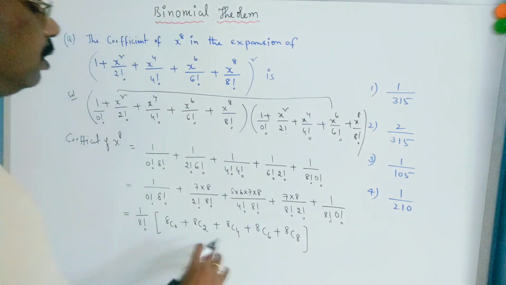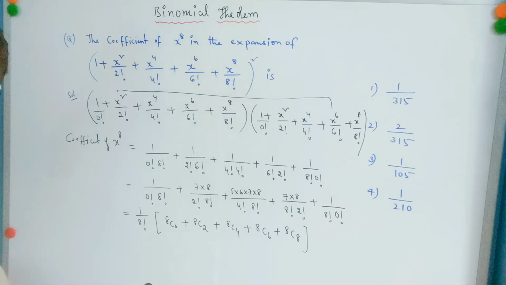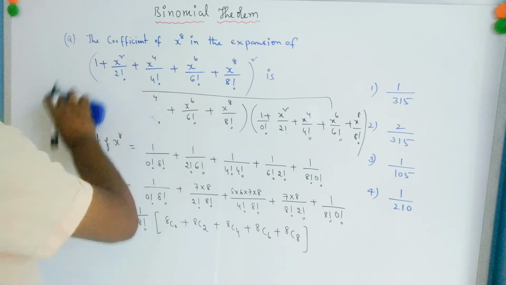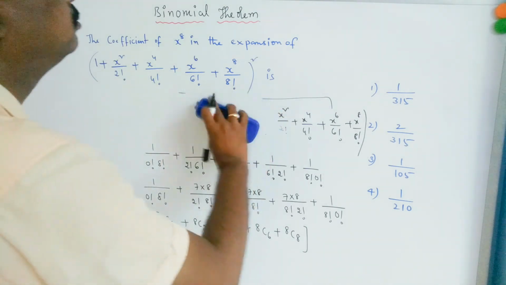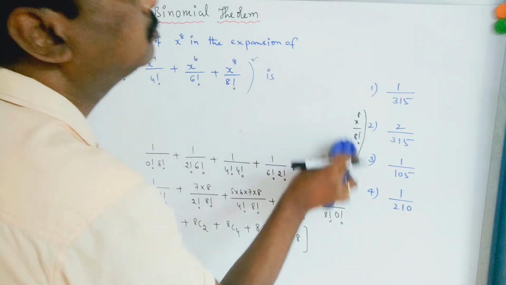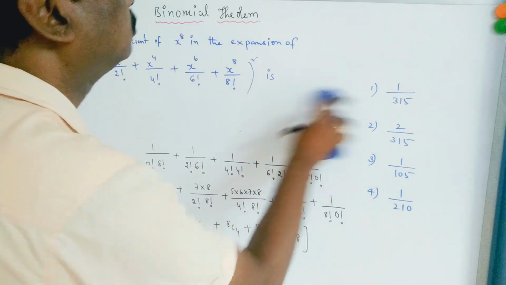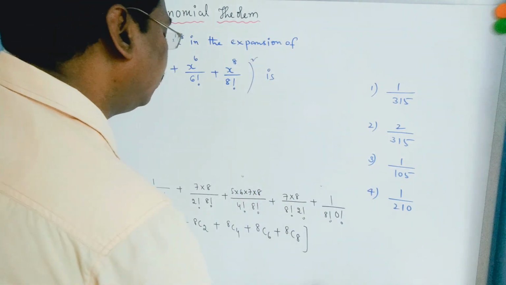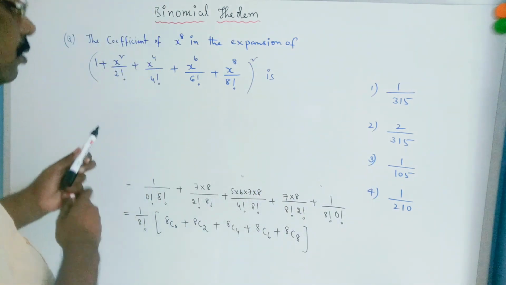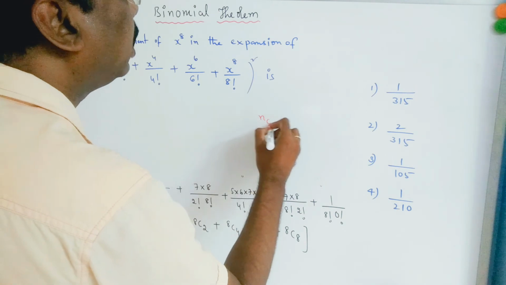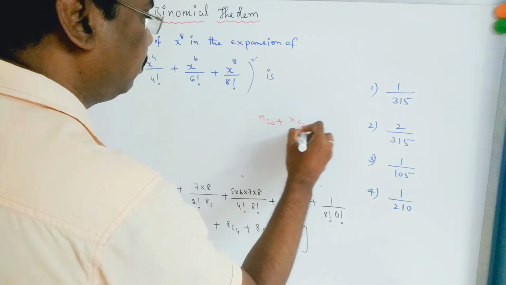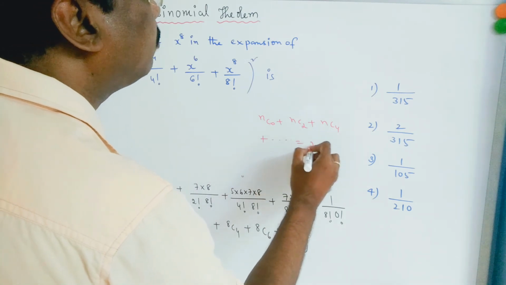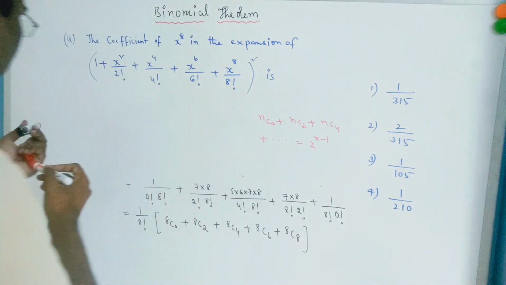Okay, now here the value is nC0 plus nC2 plus nC4 plus up to so on is equal to 2 power n minus 1.